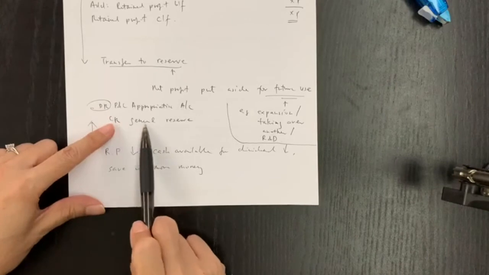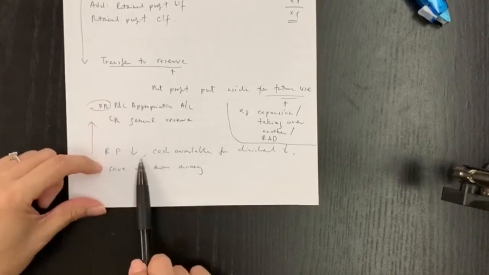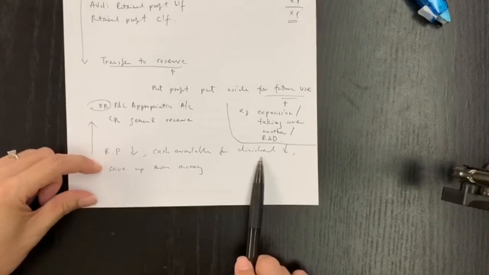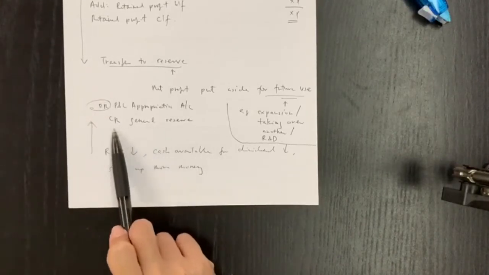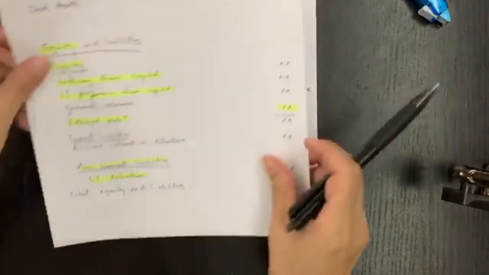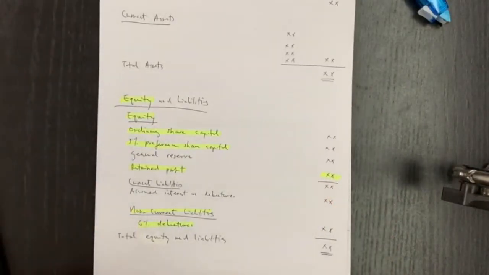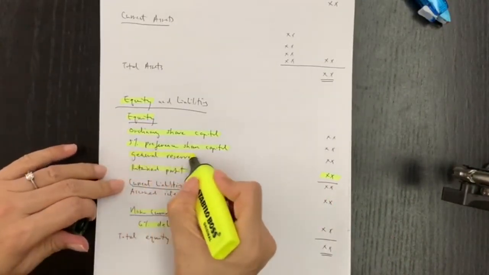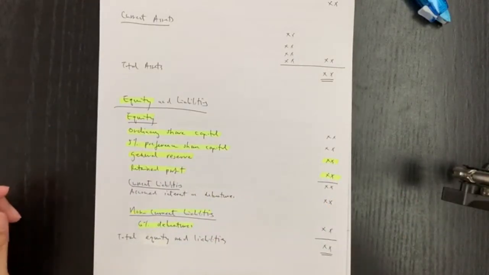So credit general reserve and debit profit and loss appropriation account, so as to pay less dividend to the shareholders in order to save up more money. The general reserve created will be part of the equity. So this is the general reserve being created for future use.